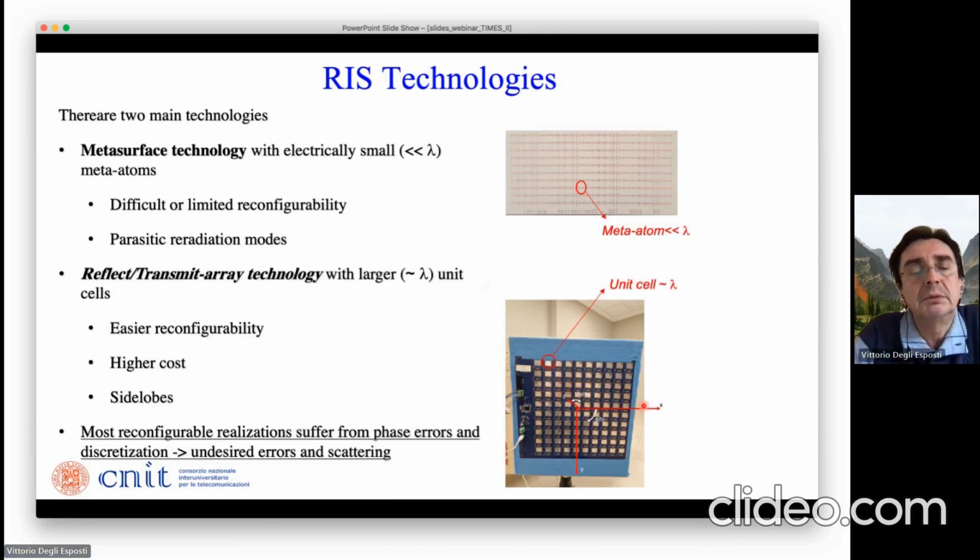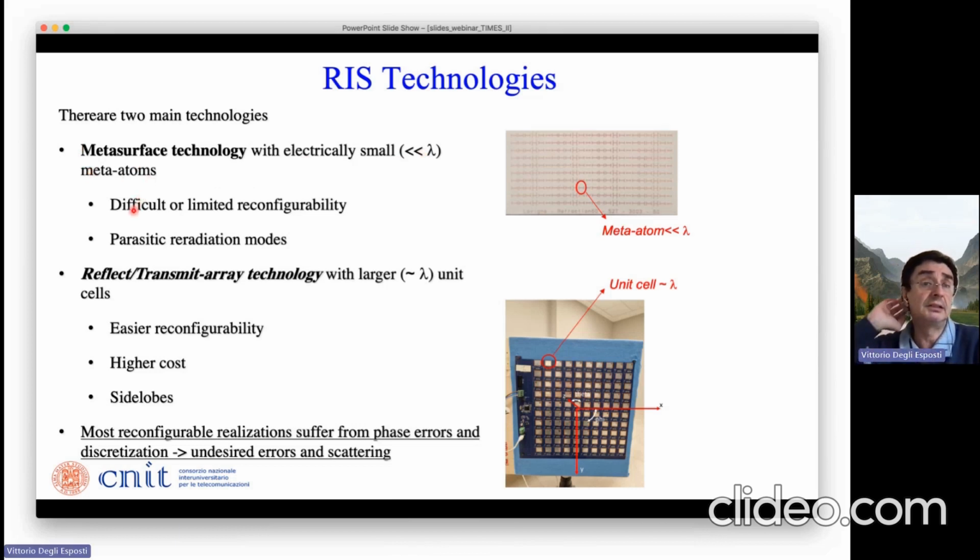And there are basically two main technologies, even though this definition is not universally, let's say, recognized. The first technology is the real metasurface technology with electrically small surface elements printed on a substrate, which are also called meta-atoms.